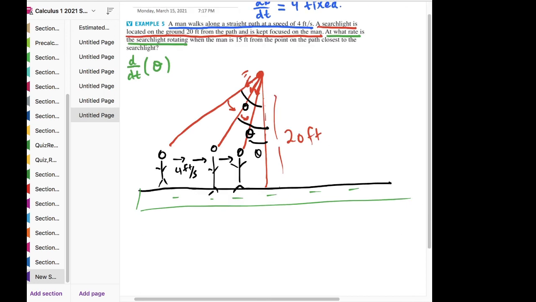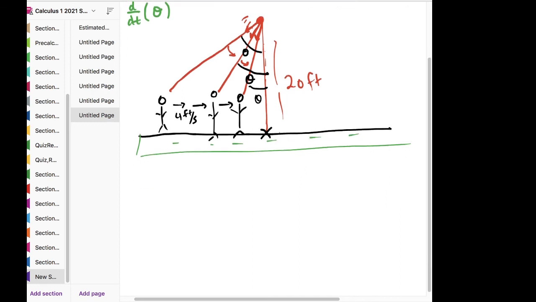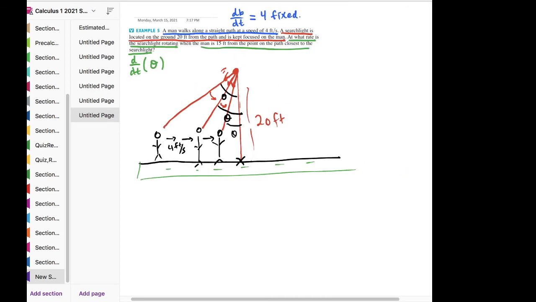Okay, so now the question is, at what rate is this rotating when the man is 15 feet from the point in the path closest to the searchlight? So this point is the path closest to the searchlight. Okay, so I think what's helpful for this question is to draw stages in time.